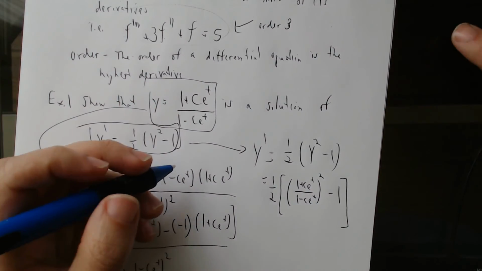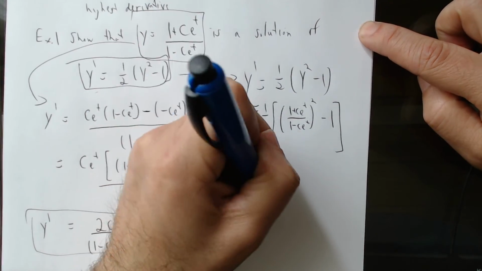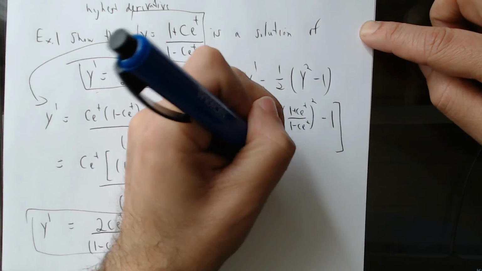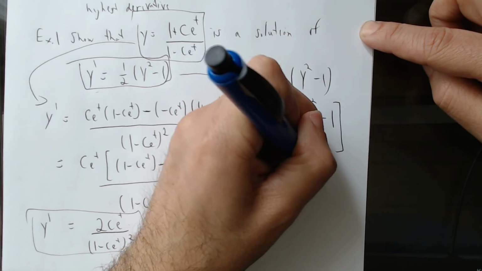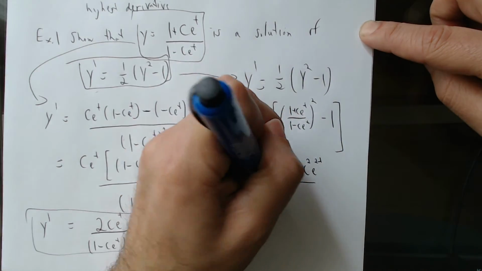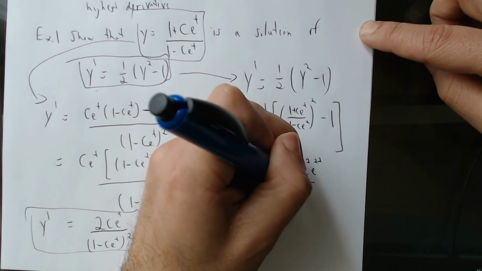So what does that give us? We get 1/2. 1 plus ce to the t squared will be what? 1 plus 2ce to the t plus c squared e to the 2t over, let's just leave this as 1 minus ce to the t quantity squared.